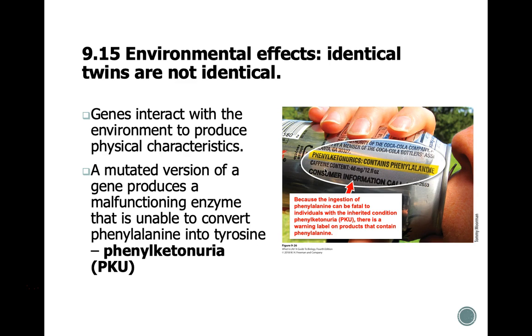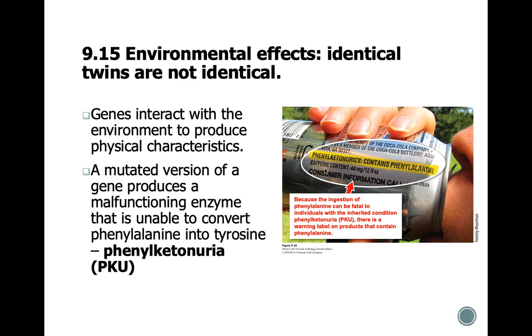All right, so sometimes the environment has an impact on your phenotype. Sometimes you have a genotype that doesn't match your phenotype because the environment is affecting the way that phenotype is being expressed. An example of this is a disorder called phenylketonuria, and if you are not affected by this or don't know somebody who is, you've probably never noticed that on the side of a can of Diet Coke, there is a disclaimer that says phenylketonurics: contains phenylalanine.